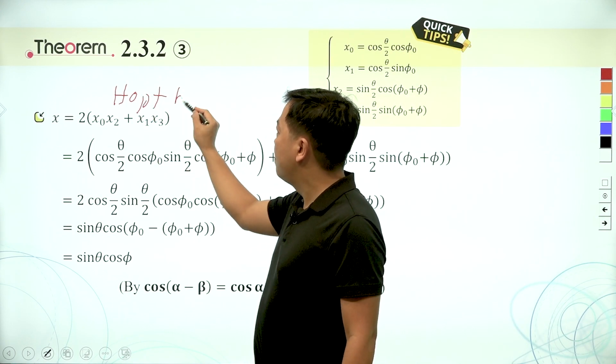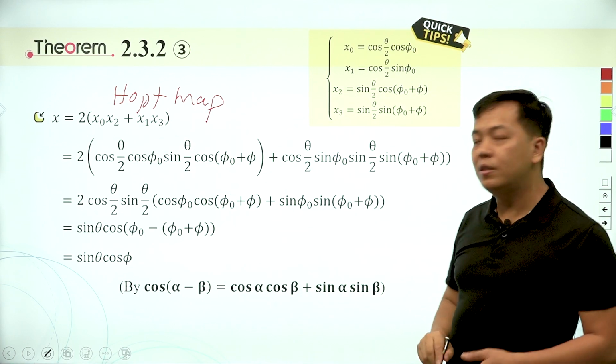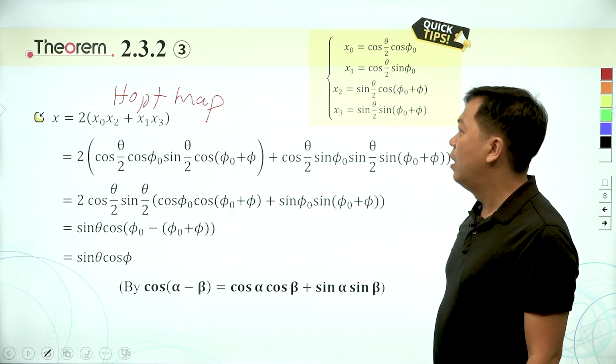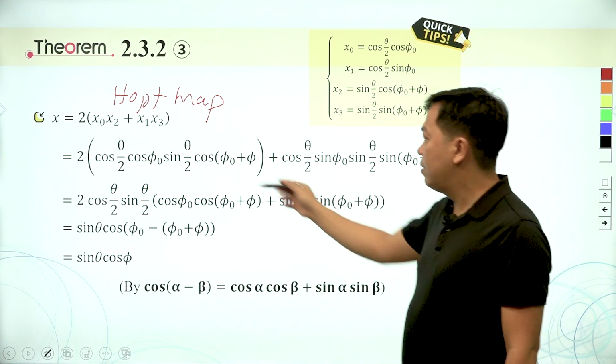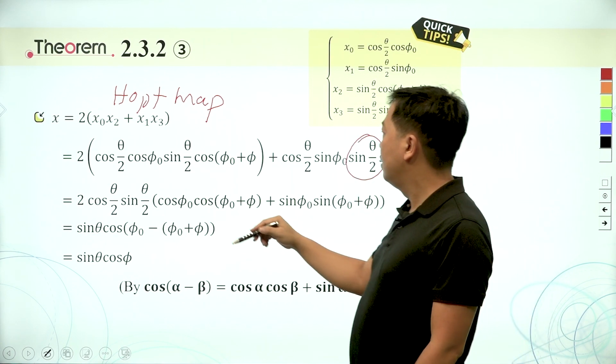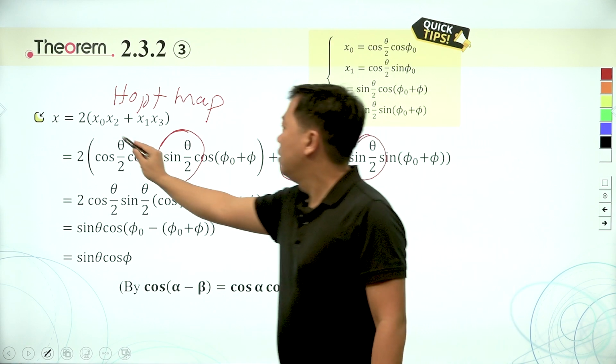Remember we have a Hopf map. Calculate the Hopf map, x equal to 2. Based on this value you calculate. So these two values are the same, right? This is the same, and this is the same.